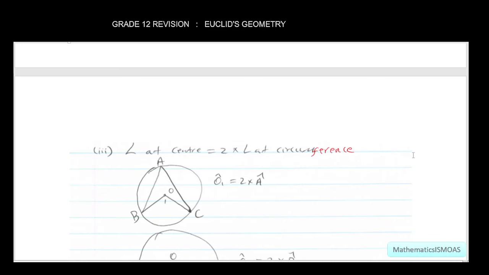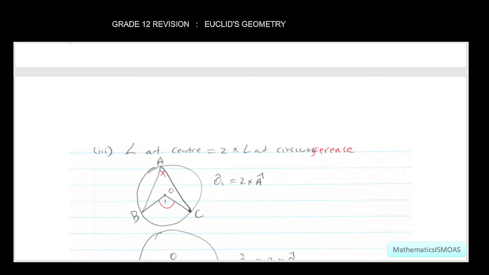Let us fully qualify it. We are saying angle O1. Remember, we know that O is the center of the circle. Angle O1 is an angle at the center. And then angle A here, it is an angle at the what? At the circumference of the circle.